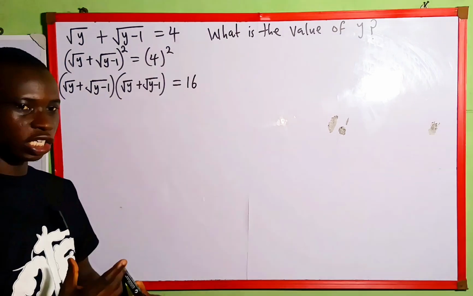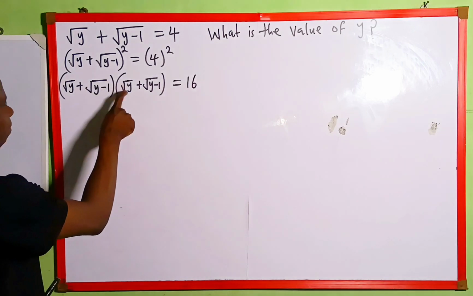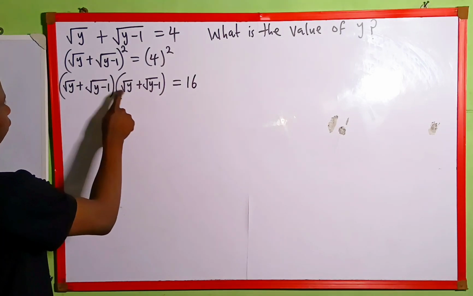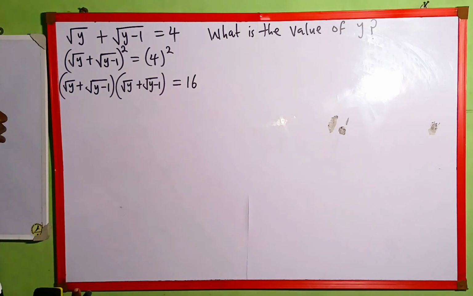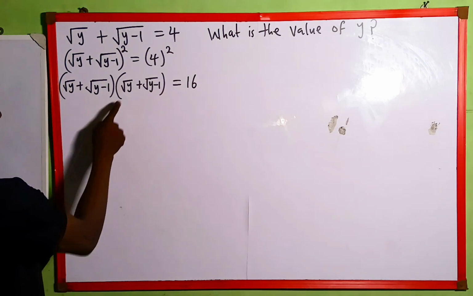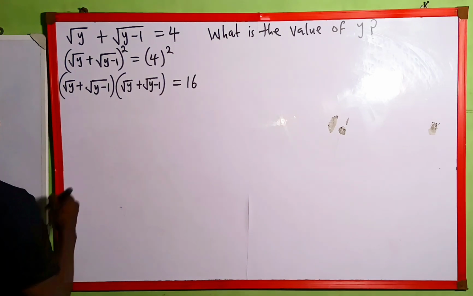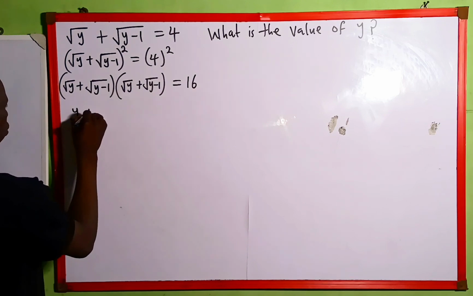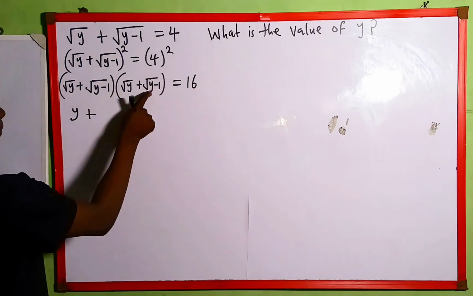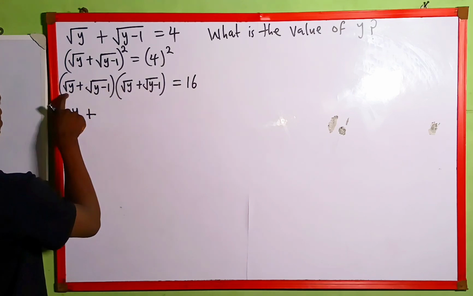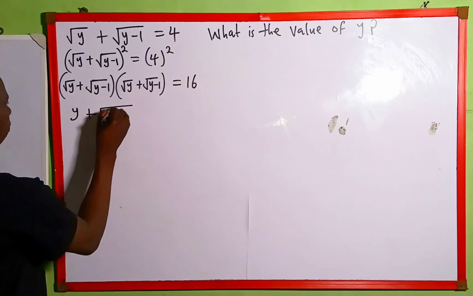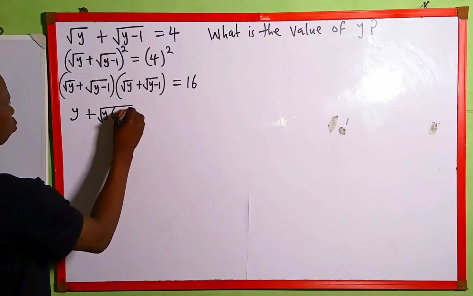So remember your expansion. The first term will multiply the first and the second, then the second will multiply the first and the second. So square root of y multiplied by square root of y: the square is going to cancel the square root, so it will remain y. Plus square root of y multiplied by this term. Since it is multiplication, it's going to be inside the same square root, then y multiplied by y minus 1.